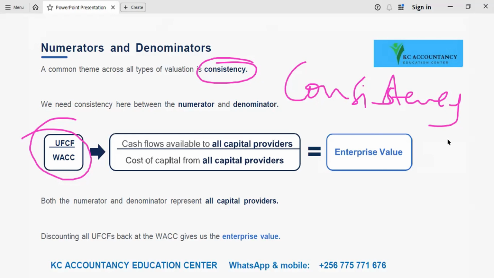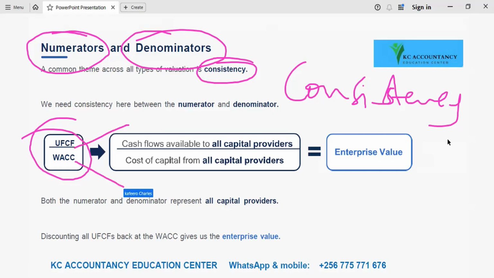So for this discussion of DCF modeling, the consistency that we need is between the numerator and the denominator. It is between what we are taking as our cash flows and what we are dividing by as our discount rate.